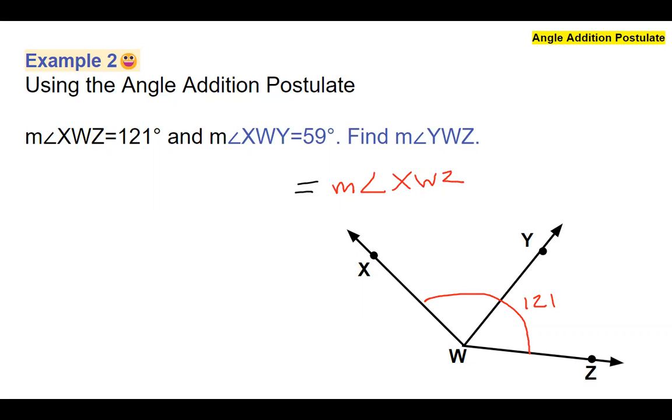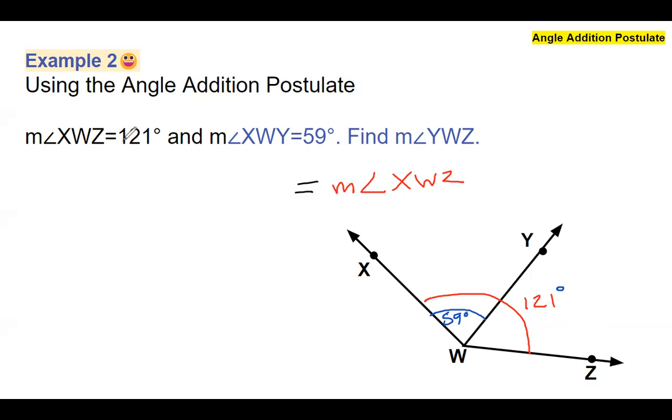Diego, what other information do we have? XWY. So let's identify X, W, and beautiful Y. This beautiful angle right here, and this one states that it measures 59 degrees. Don't forget your symbol. My pen is not working. That's why I'm writing super, super slow. So that one is going to be added on to what angle?